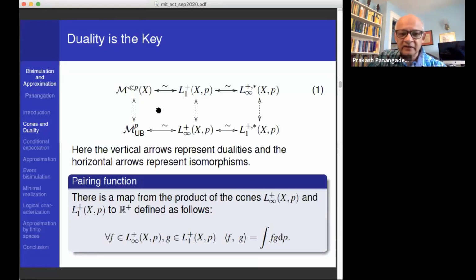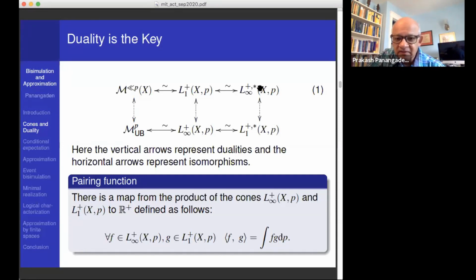Now, it turns out there are a number of interrelationships between these families of cones. Every one of these vertical dotted arrows actually defines a duality. So L1 plus is dual to L infinity plus. And in fact, the horizontal arrows are isomorphisms.